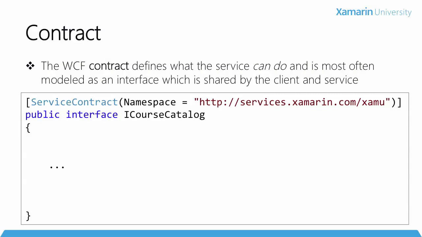Now, the final piece of information here is the contract. The contract describes the operations available and how to invoke them. So, what data needs to be passed and what data is returned. In WCF, we describe the contract through an abstract type, most commonly an interface, and this interface definition can either be shared between the service and client or defined independently with the same shape.